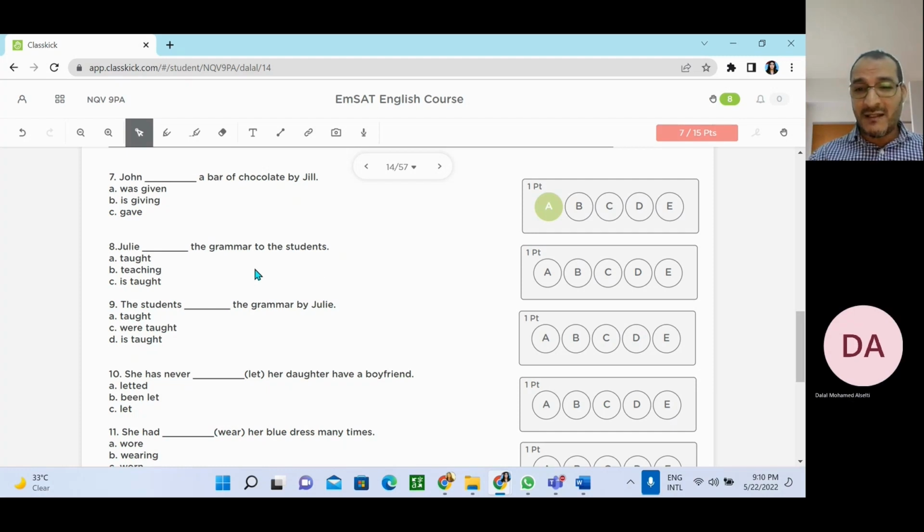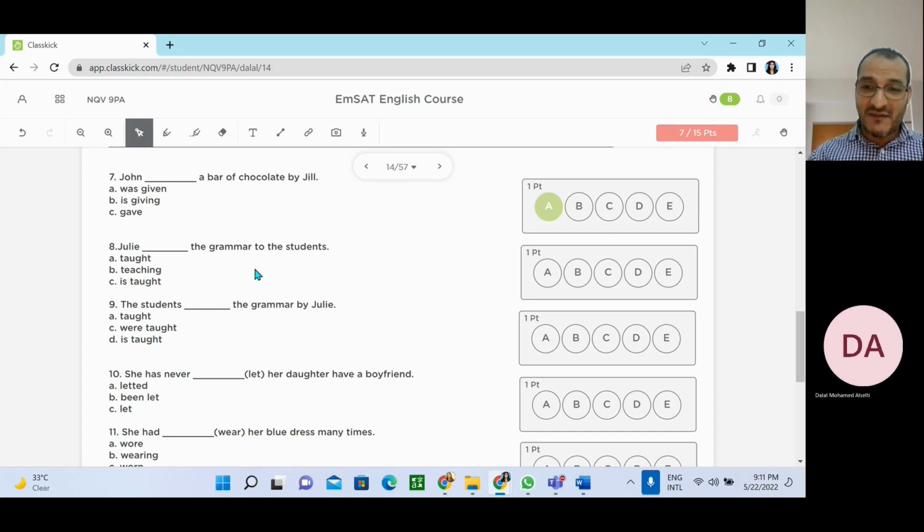The passive is indicated by the verb to be here. So we have "was given". The basic verb is give, and the tense is past, like "was". Verb to be, "was", is a helping verb, so we use it to indicate the original tense of the verb. In the active voice we say Jill gave, the verb give in the past, because the verb to be here is past.